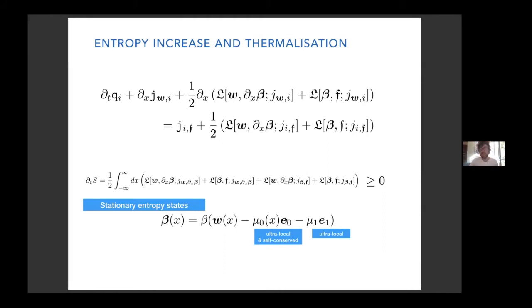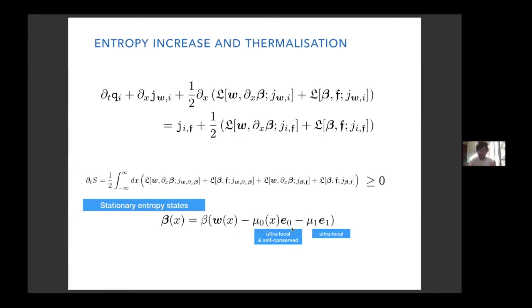We can also add, if you want, a grand canonical ensemble, in the sense that we can conserve what are called ultralocal charges. For example, the density of particles will be one external chemical potential that we have in our thermal states.